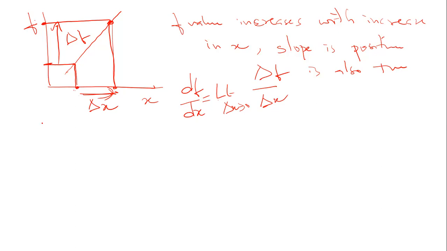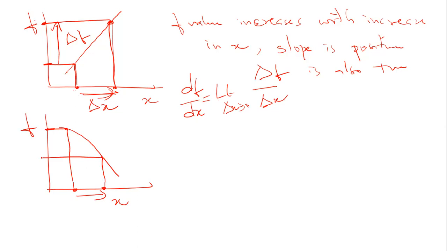Now suppose I have something like this, f of x. Let's say your initial x value is here, and you increase your x value up to this point. Corresponding to the new point, your functional value is there.